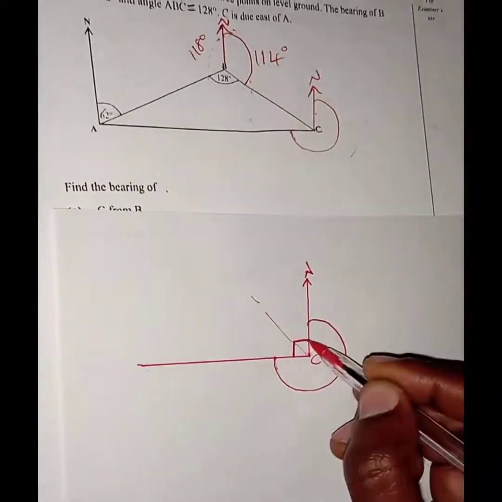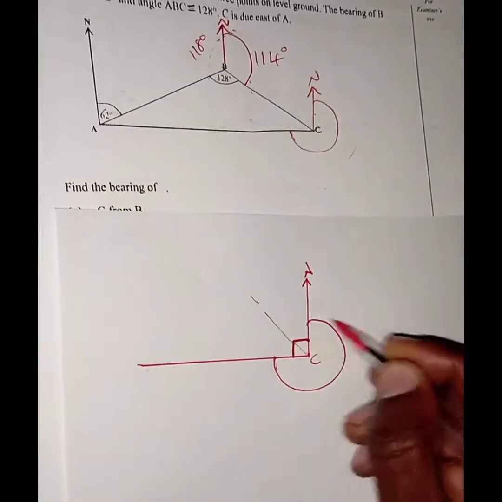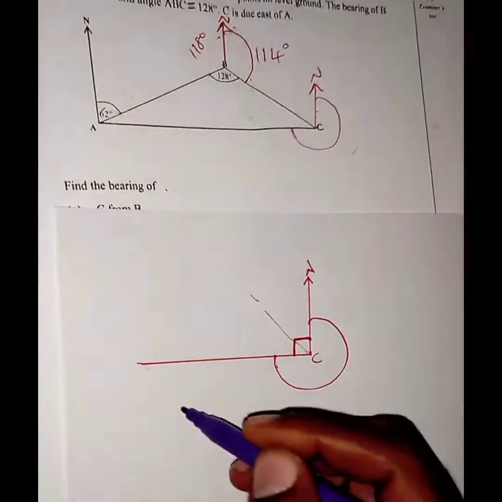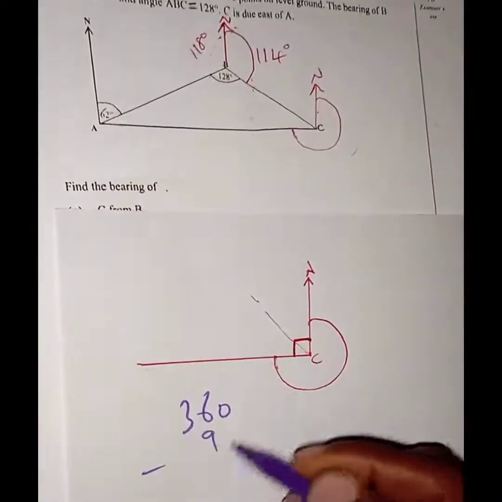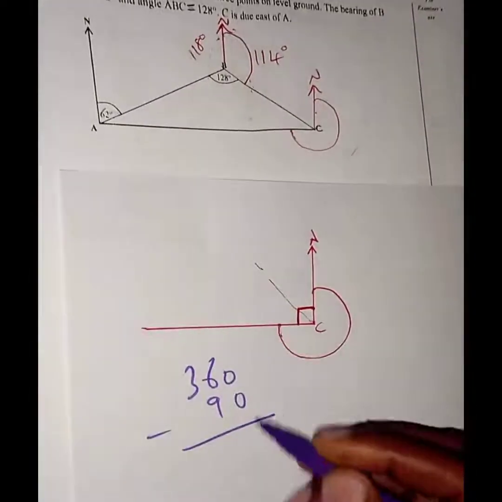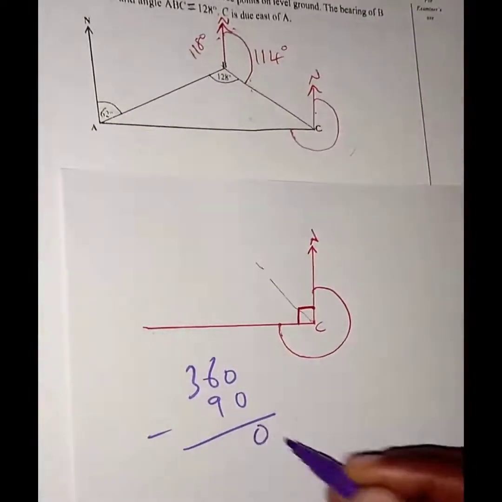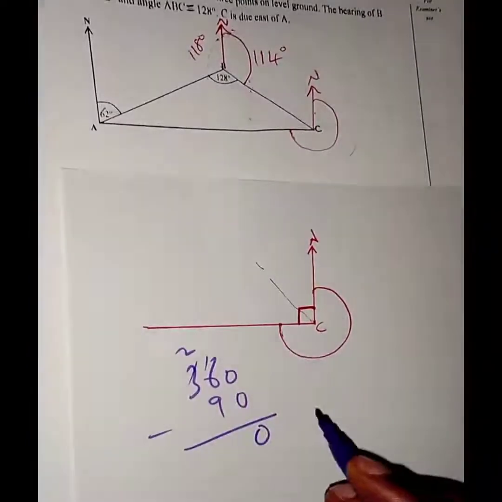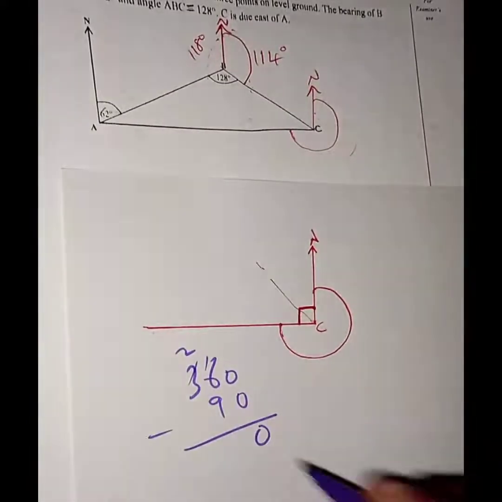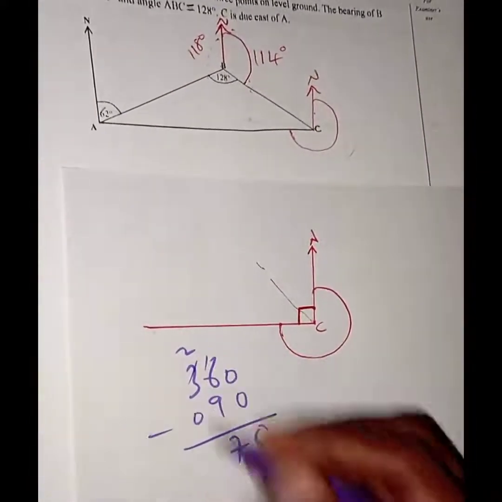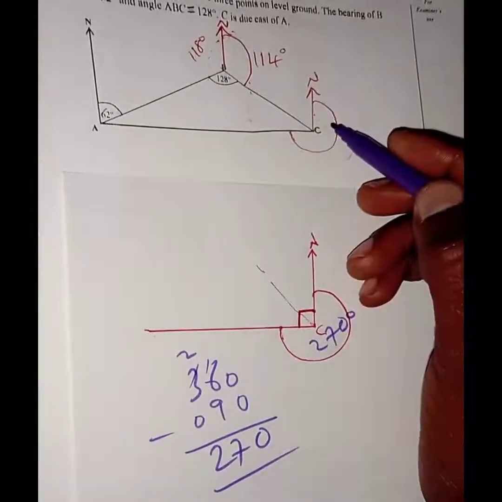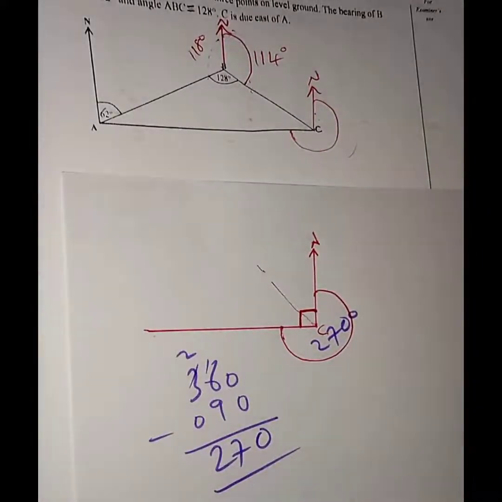So to remove this angle, which is 90, you do 360 minus 90 degrees. 0 minus 0 is 0. Then 6 minus 9, it can't. You get a 1 here to be 16 and here 2 remaining. 16 minus 9, you get 7. 2 minus 0, you get 2. So this angle is supposed to be 270 degrees. And this is your answer, 270 degrees. This is what you're supposed to do.